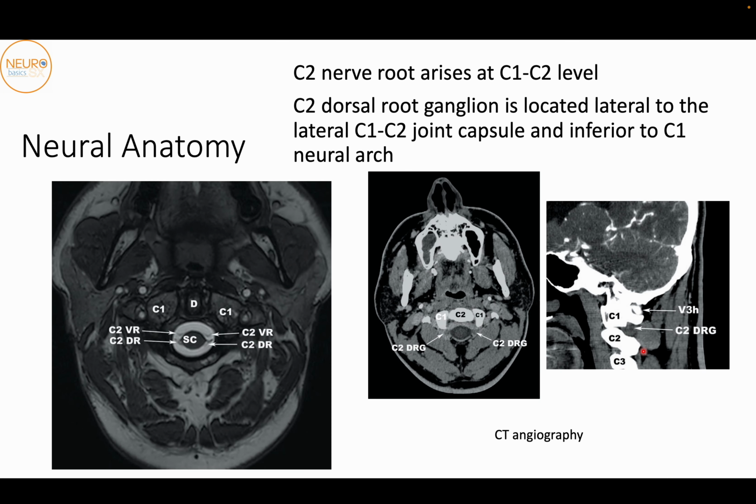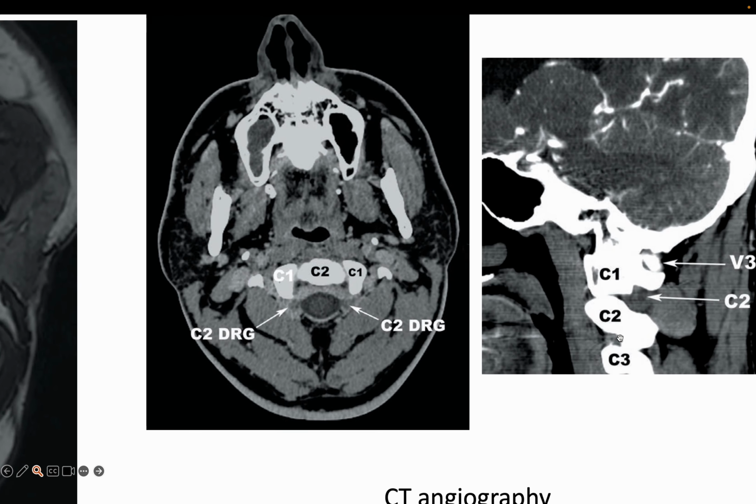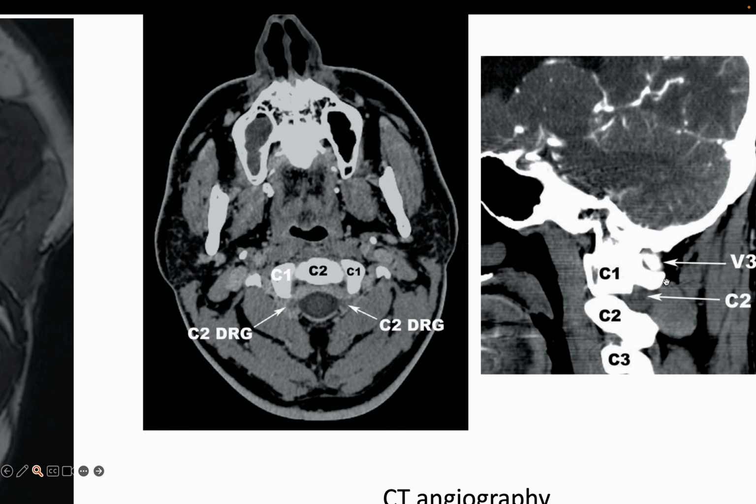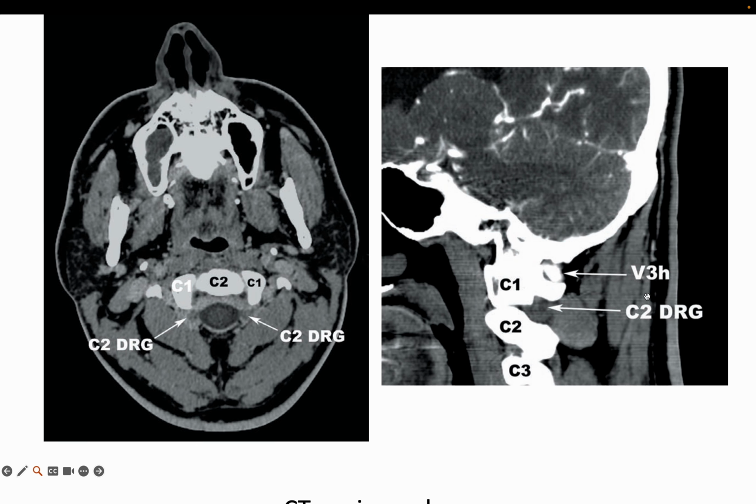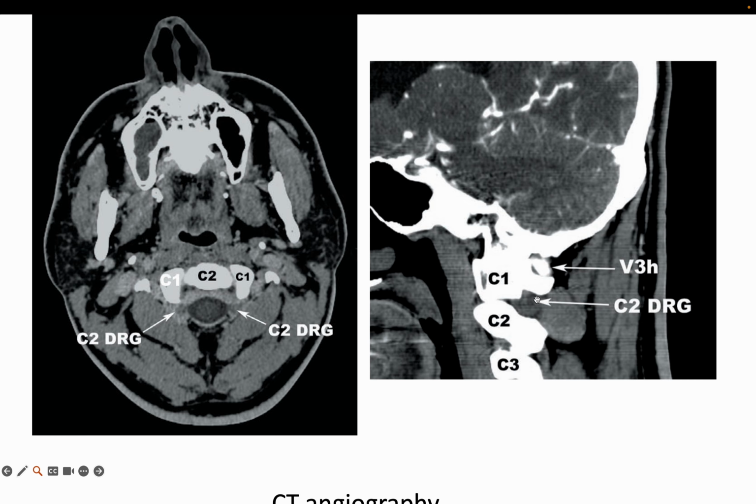The dorsal root ganglion is also located just behind the C1 C2 joint, inferior to the C1 lateral mass and inferior to the C1 arch. So if anybody has assisted any C1 C2 surgeries, you know that this is the location of the C2 dorsal root ganglion, but it can be identified on CT angiography.